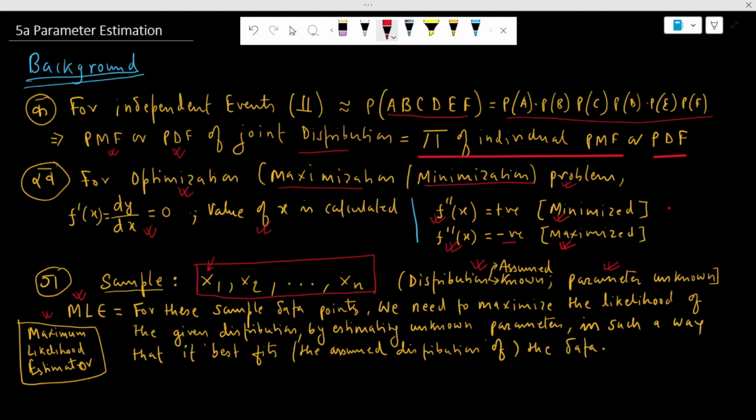As these random variables are independent, making use of the property of independence, we construct a joint distribution, that is the probability mass function in case of discrete random variables and the probability density function in case of continuous random variables, and we try to maximize the likelihood of this joint distribution in such a way that it best fits this data. In other words, we estimate the unknown parameter in such a way that it best fits the distribution for these data points or for the sample.